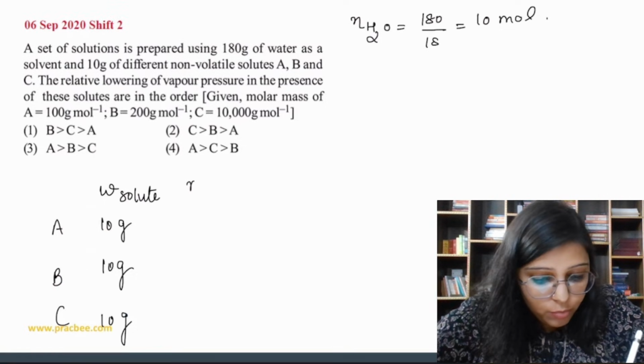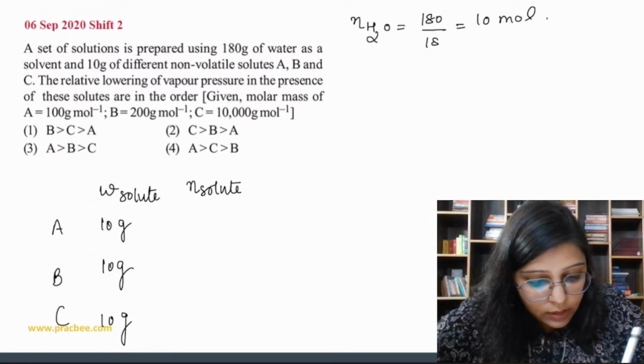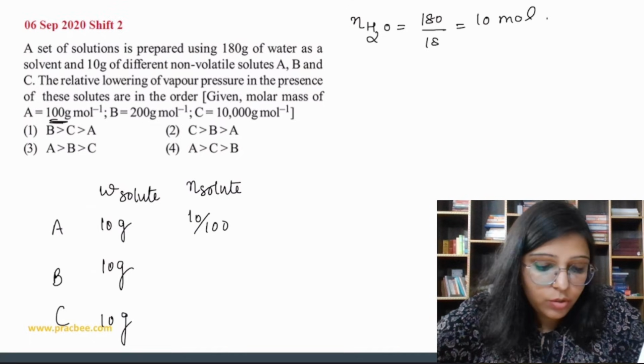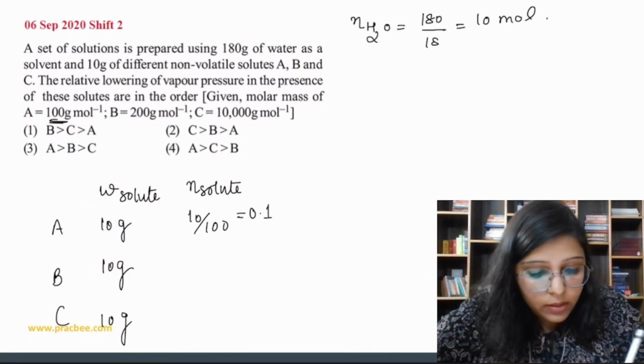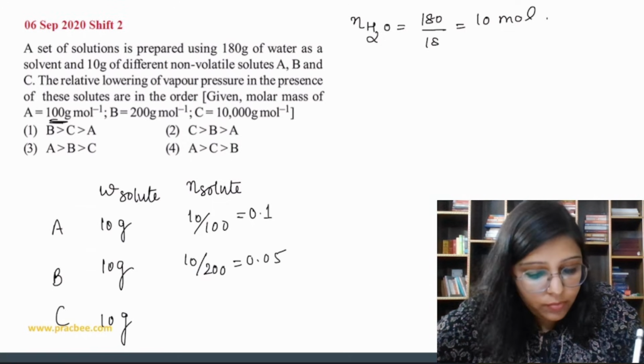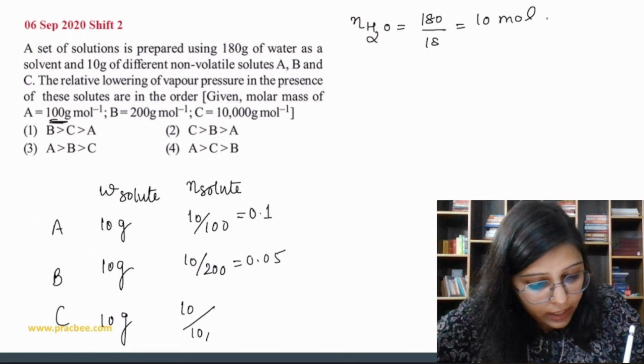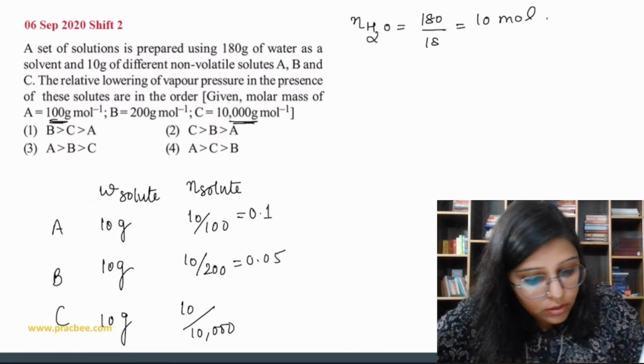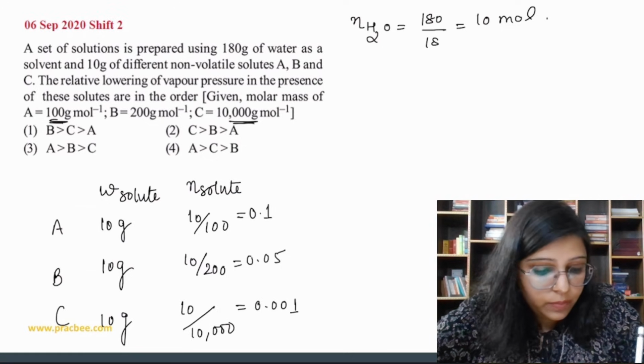So the number of moles of solute is equal to 10 upon 100, because the molar mass is 100, which is equal to 0.1. Then 10 upon 200, which is equal to 0.05, and then 10 upon 10,000, which is equal to 0.001.